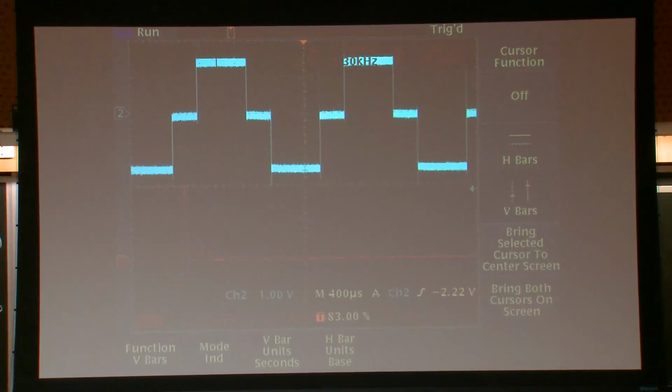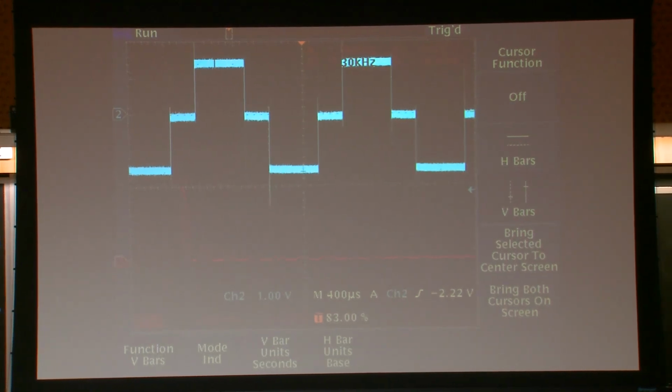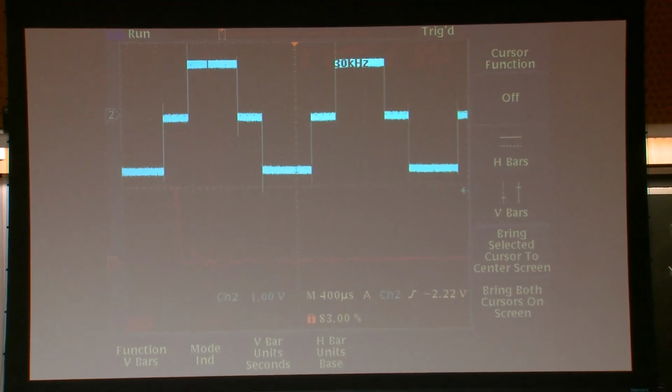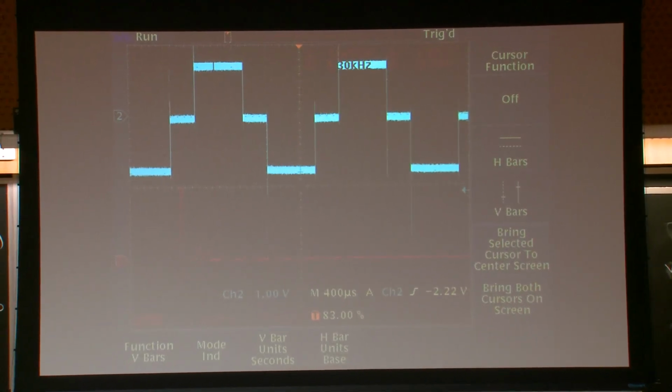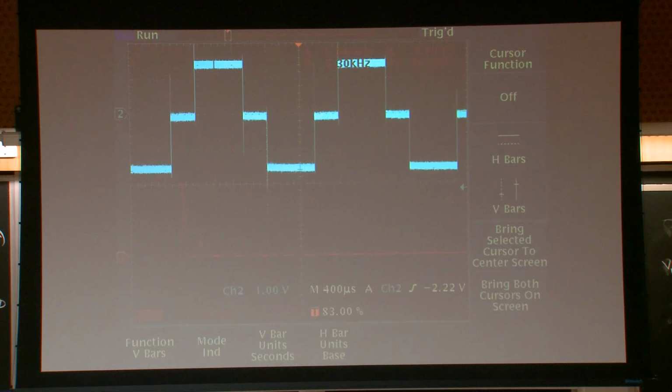Okay, so what are we looking at? Am I too loud? Sorry. What are we looking at at the top? I have an inverter board that has 4 switches, and we're probing the output voltage. We had a DC input voltage of 15 volts, and then we're switching it.